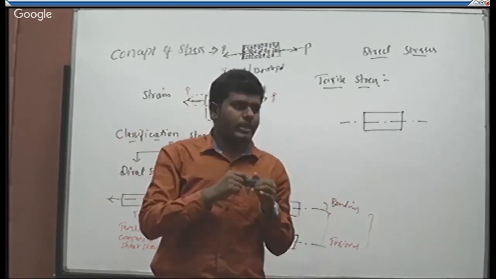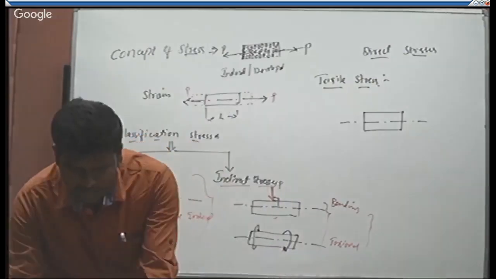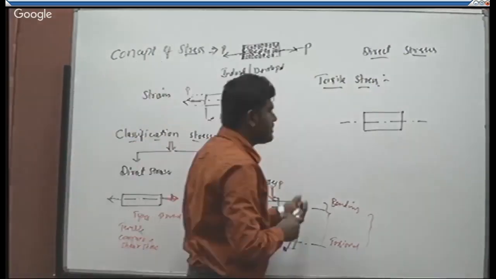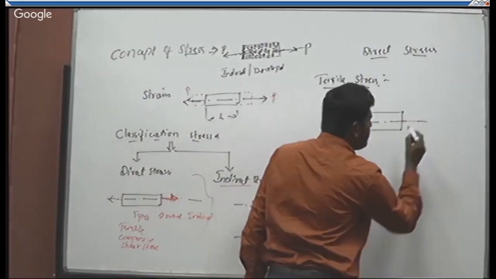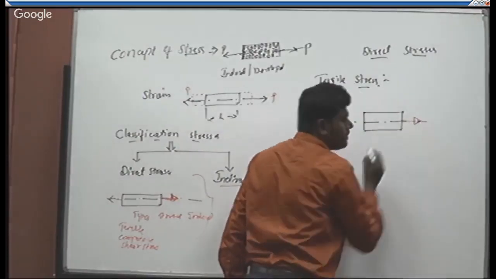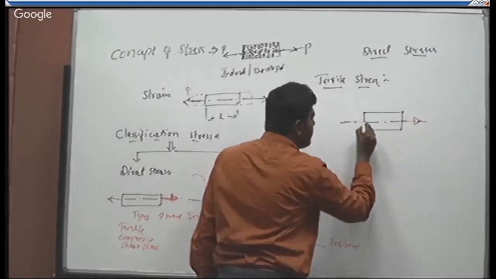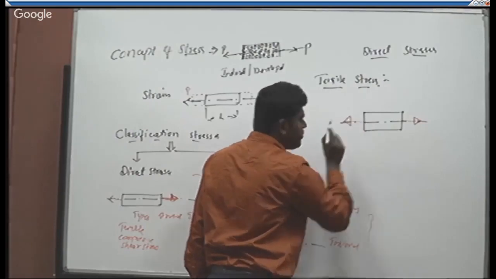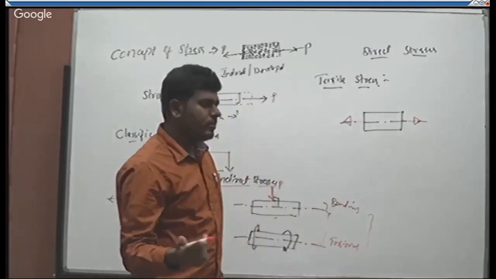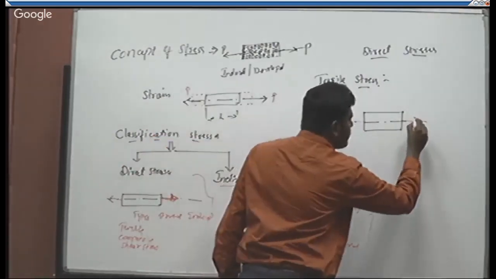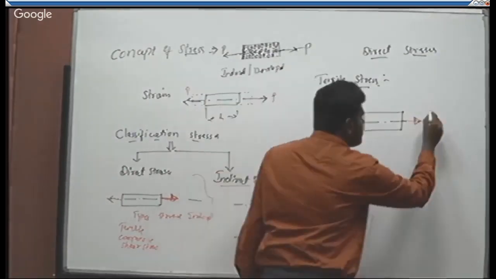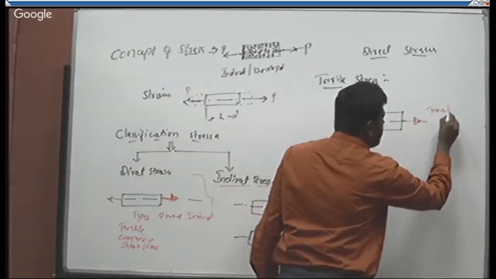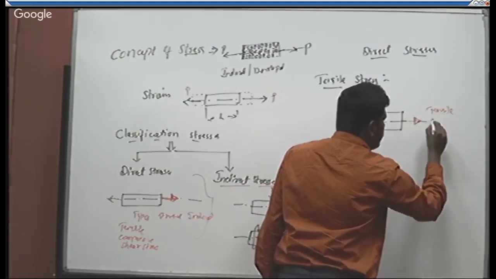By looking at the direction of my hand, when the forces act in line and away from the body, these are the types of loads or forces which are in contact with the body and moving away from it. They are called tensile forces, or pull type of loads.